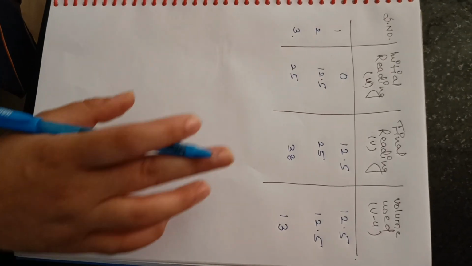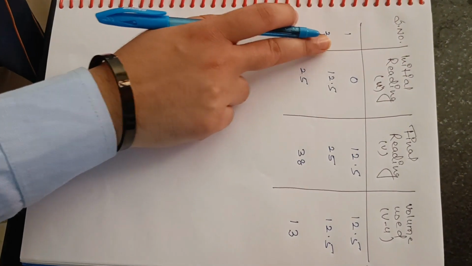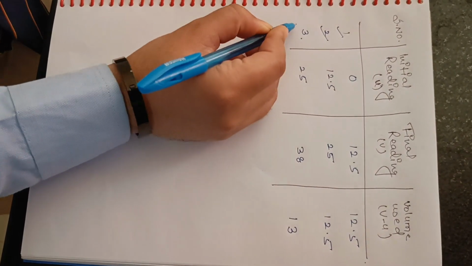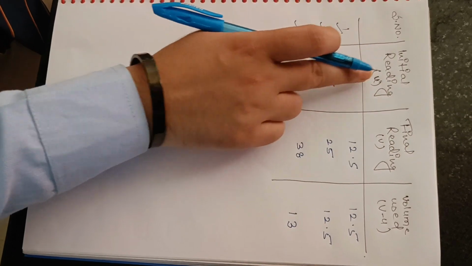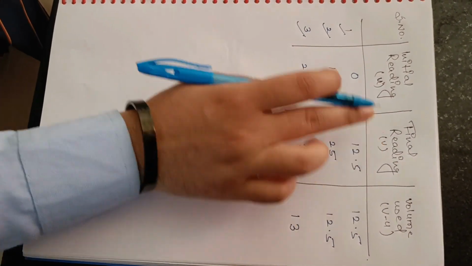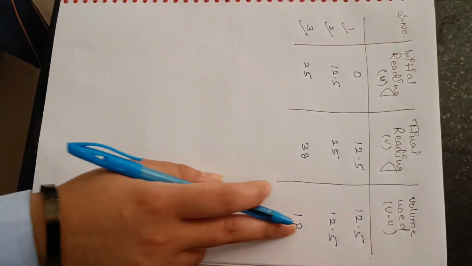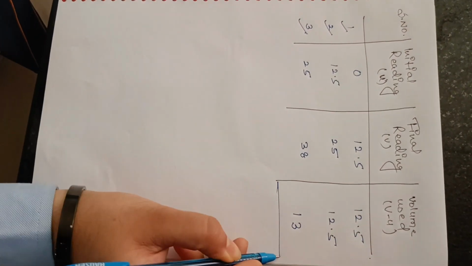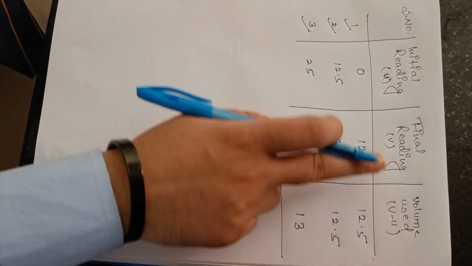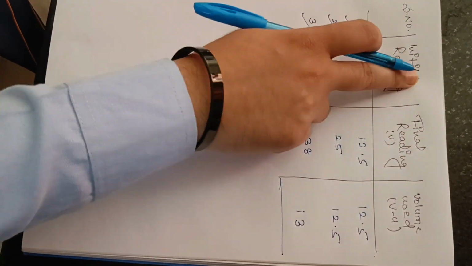So after the titration we get the data. We have taken 3 readings, and these are the data as you can see: the first one, second one, and the third one. The first is the initial reading, final reading, and the volume used, obtained by subtracting the initial reading from the final reading. So the data is here. Now we will calculate the total of the volume used, that is V minus U, where V indicates the final reading and U indicates the initial reading.